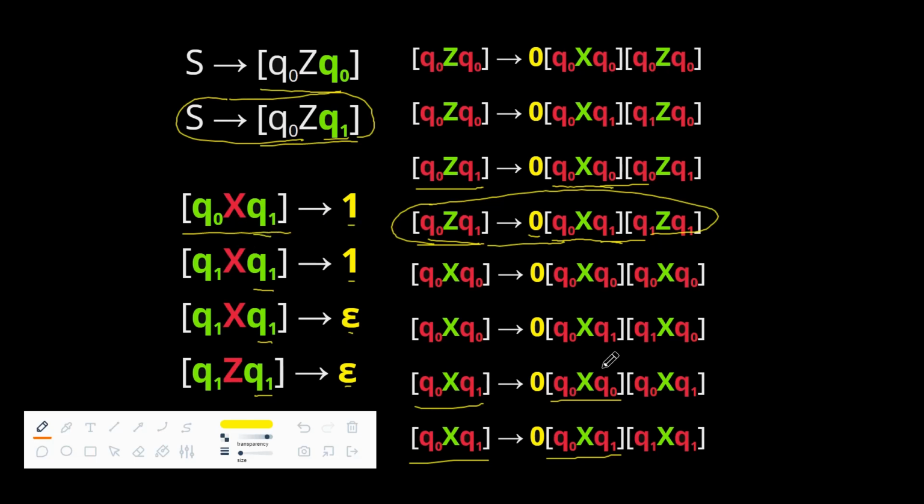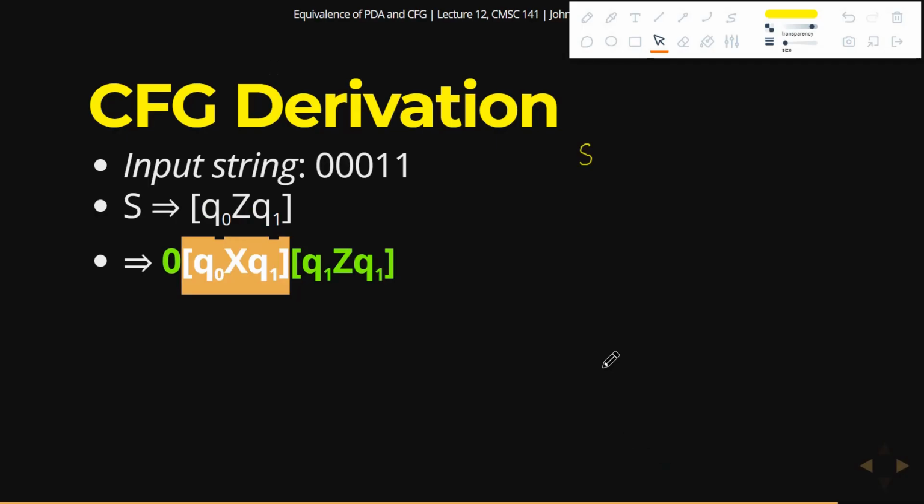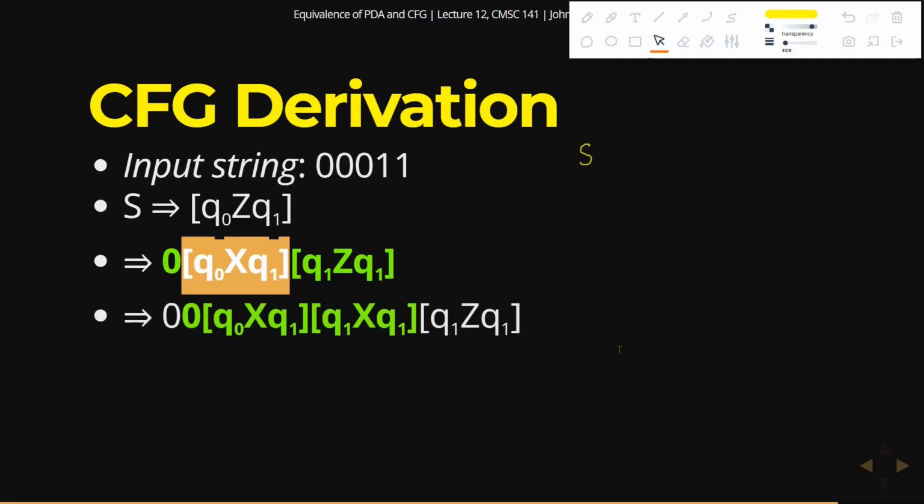So I will use the last production here to replace Q0 X Q1. So that would be 0 Q0 X Q1 Q1 X Q1. So this one will be replaced with this.